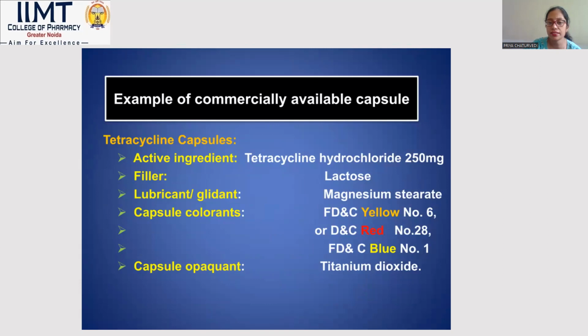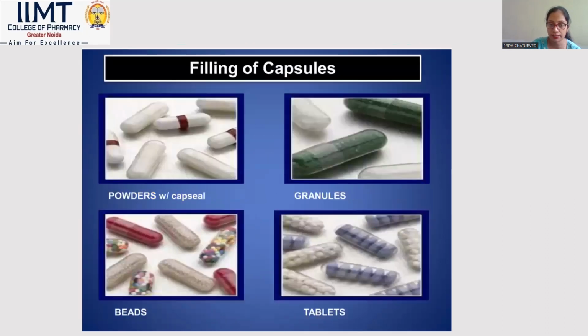The active ingredient is tetracycline hydrochloride, which is 50 mg. Filler is lactose. Lubricant or glidant is magnesium stearate. Capsule colorants are used, which are FD&C yellow number 6, D&C red number 28, FD&C blue number 1, and capsule opacifier, which is titanium dioxide.